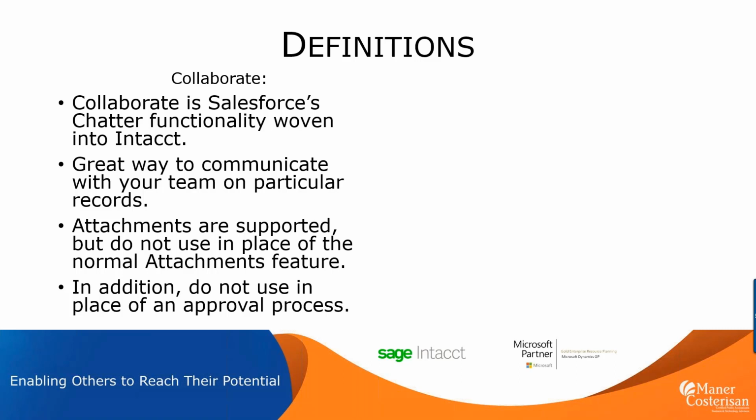Let's say that instead of using the approval processes inside of Intacct for AP bills, because maybe they're a little too restrictive or it eats up too much time, you can theoretically go in and say, oh yeah, I approve this bill for payment, but then you decide later, I'm just going to delete that message, but it's already been paid. So now there's no record in the system that even shows where this transaction was approved.